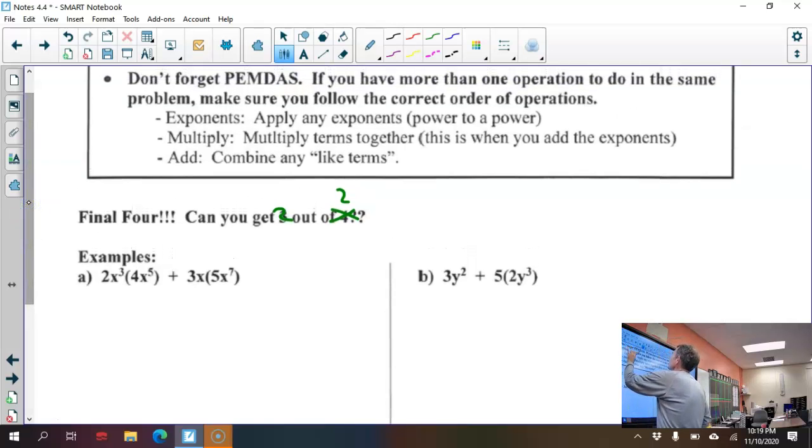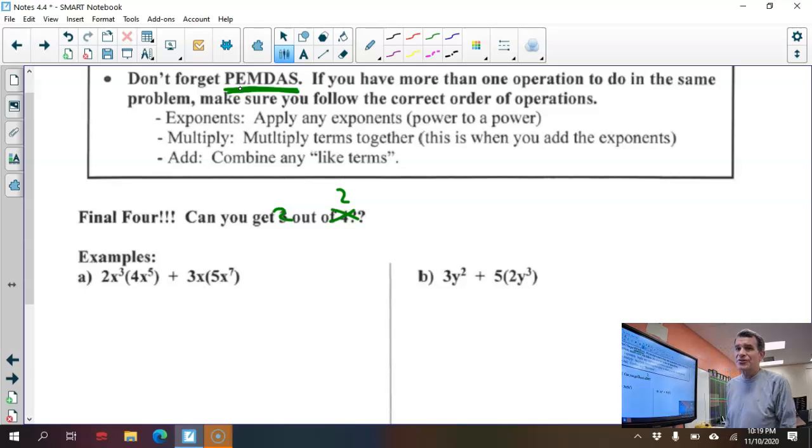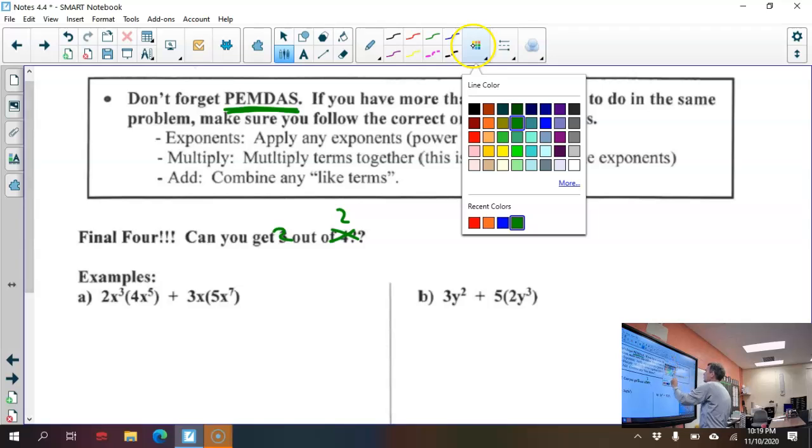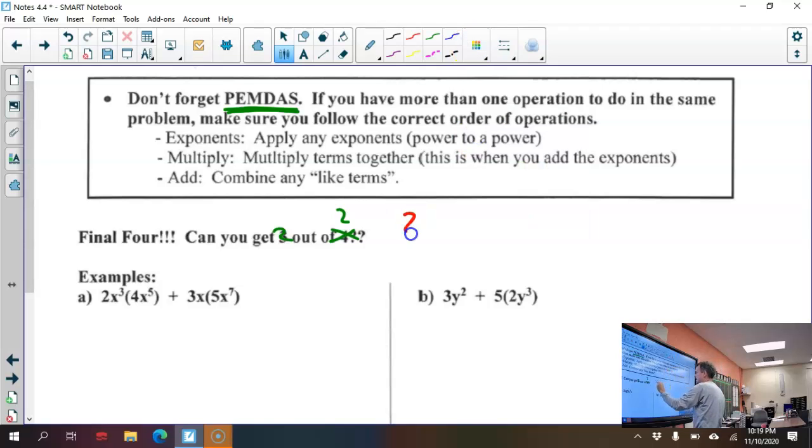So you want to make sure that when you do these operations, you do them in the correct order of PEMDAS. If you have more than one operation to do, make sure you do parentheses first and then exponents and so on, right? So in example A here, look, I know this looks difficult, but this problem is really no more difficult than if you had 2 times 3 plus, I don't know, 5 times 2.